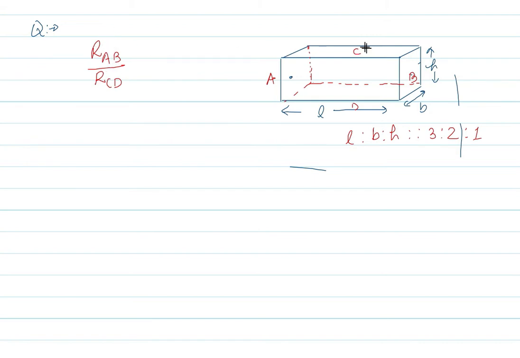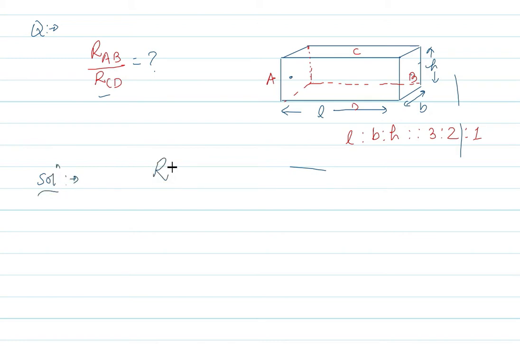In the same manner, when we connect the battery across the CD faces, the current will effectively flow from C to D, then the resistance which will get introduced in that case will be RCD, and we are supposed to find this ratio. Let's start solving this.